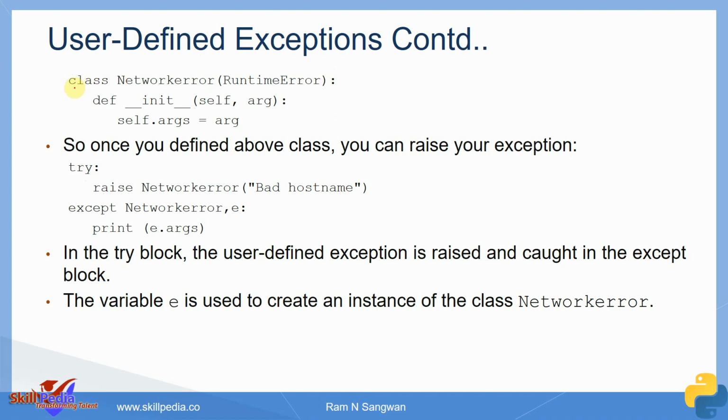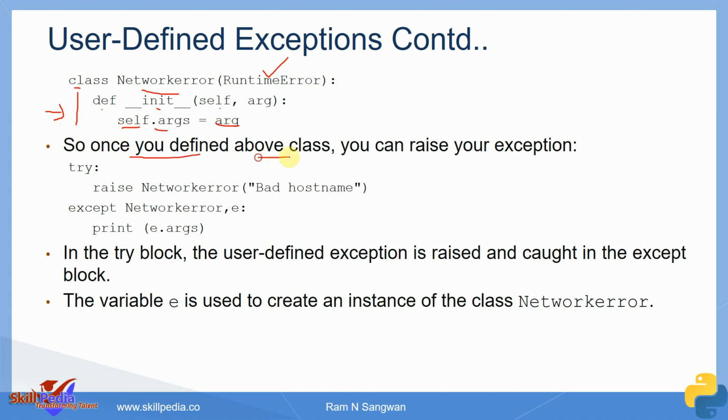Like class NetworkError, RuntimeError. Define __init__, self, argument. This is the packages part, initialization and all module part. We need to discuss this part later. You may not understand it, but that's okay because we have to discuss it separately. Self.argument is argument.